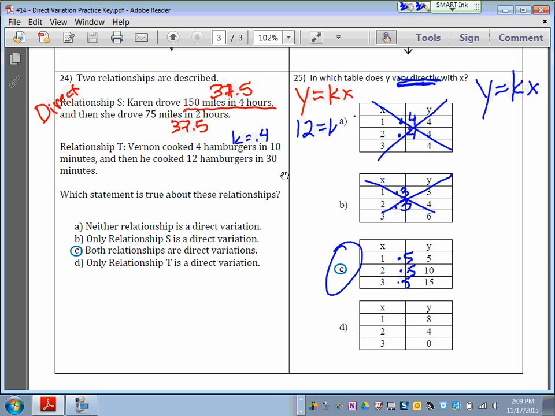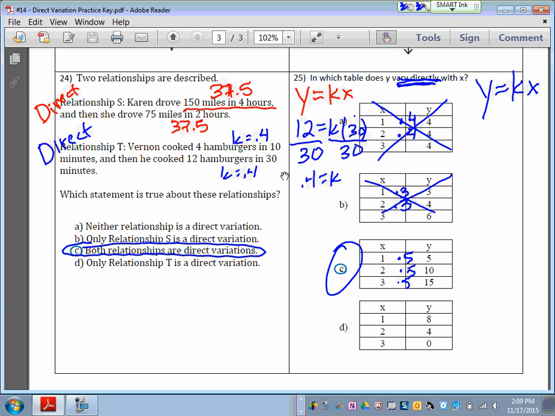So 12 equals K times 30. Divide by 30. And again, we get 0.4 is K. Since they both have the same K value, I know this is a direct relationship. They're both direct relationships, so I know C is my answer. Both relationships are direct variation. Good. So if it's the same K value, it's a direct relationship.